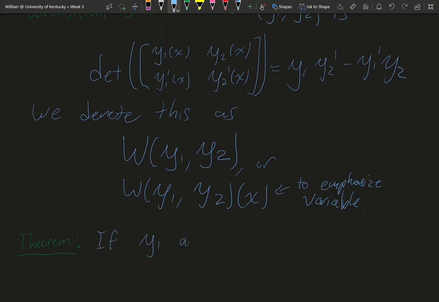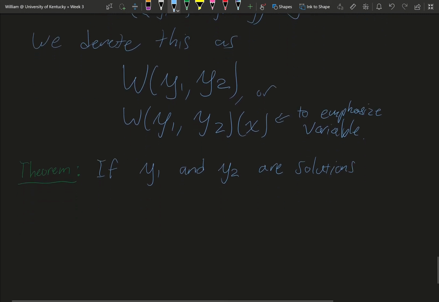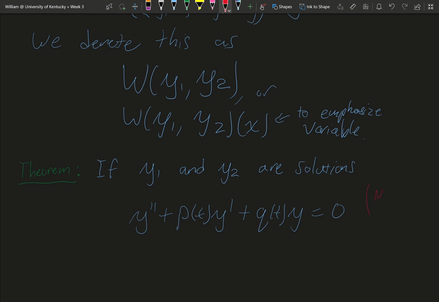If y1 and y2 are solutions to a second-order homogeneous linear equation, note, this has to be homogeneous, and the Wronskian of y1 and y2 is not the zero function.